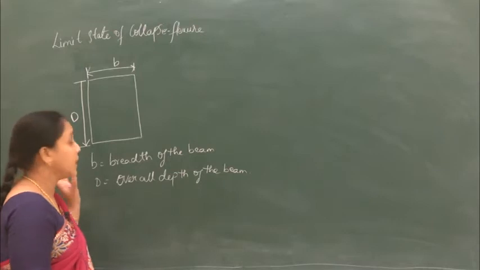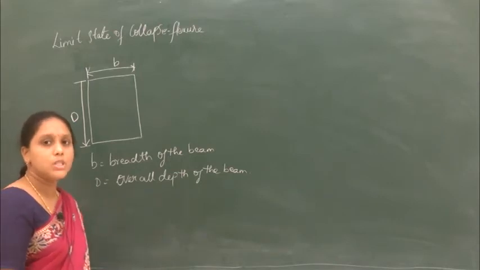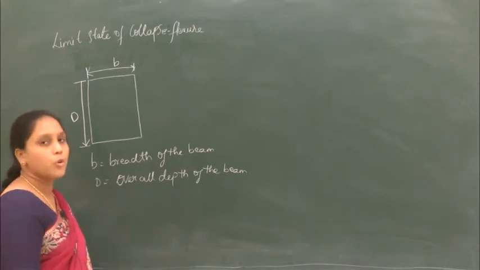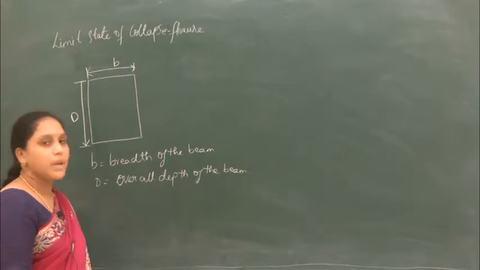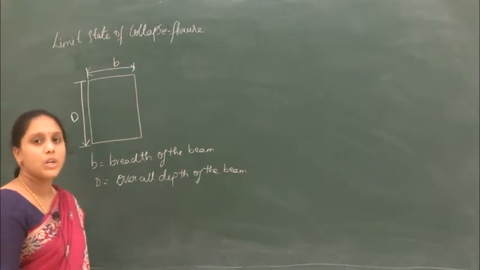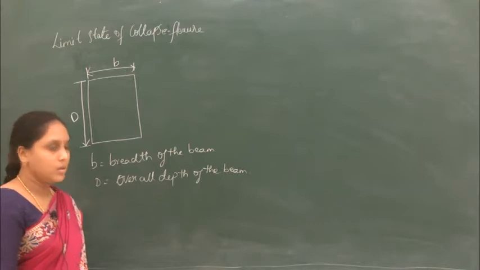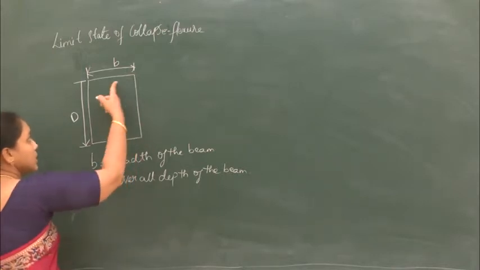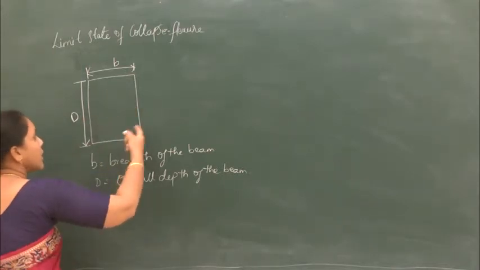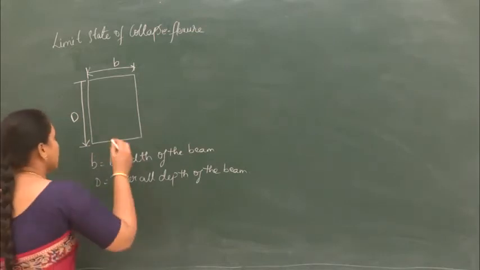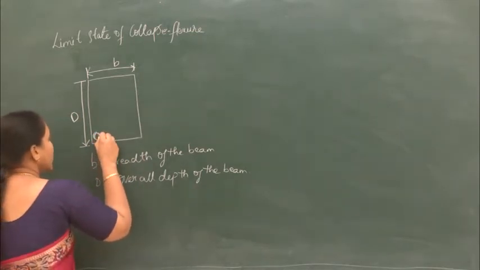Now, we have considered a singly reinforced beam. A singly reinforced beam is a beam which has reinforcement present only in the tensile zone. So this is going to be a compression zone and this will be a tensile zone. So the reinforcement is present only in the tensile zone.